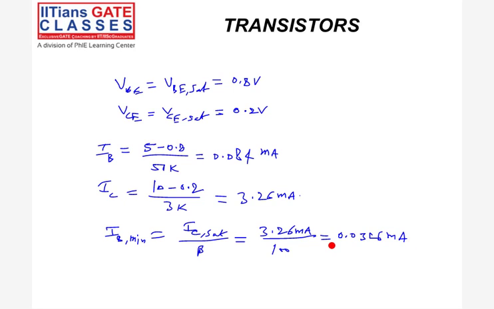So here we can see IB, my value, this current, is greater than IB minimum. If it is this, I can say my transistor is in saturation directly. There is no confusion in this.